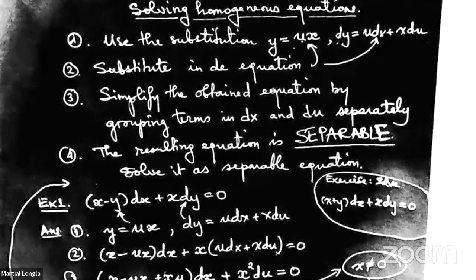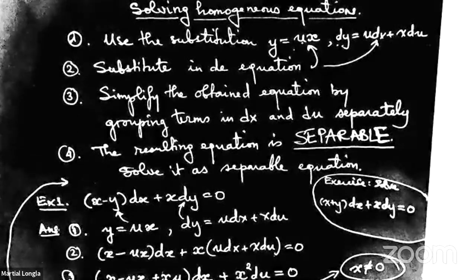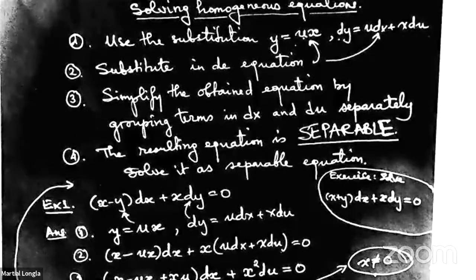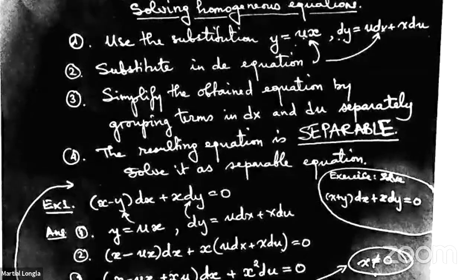Here are the steps 1, 2, 3, 4, and then 5 there. So tell me what you get in the first step.